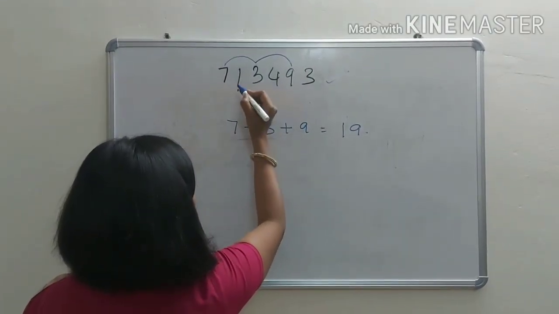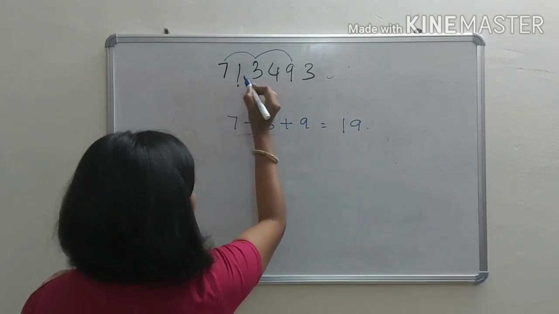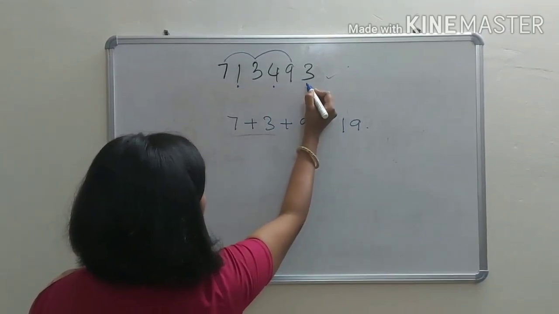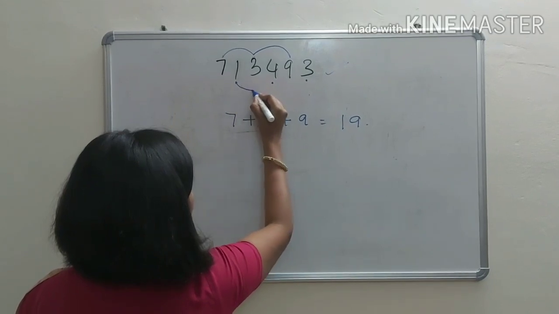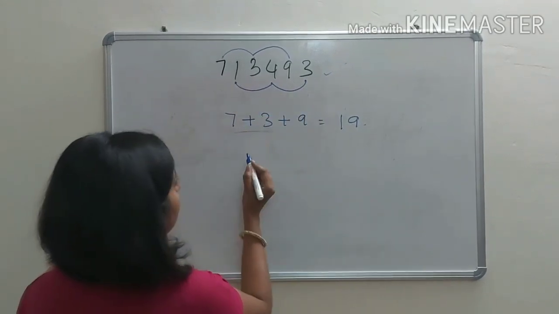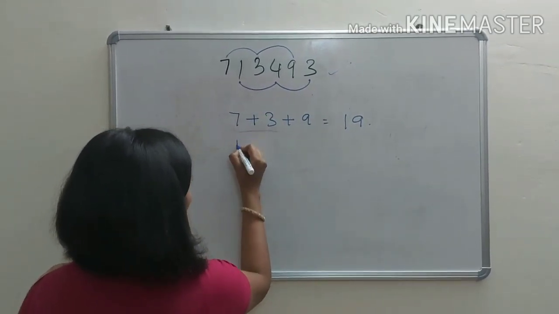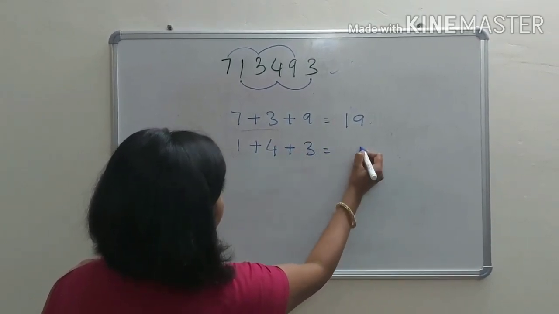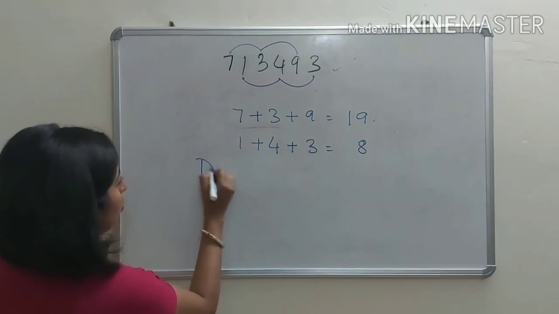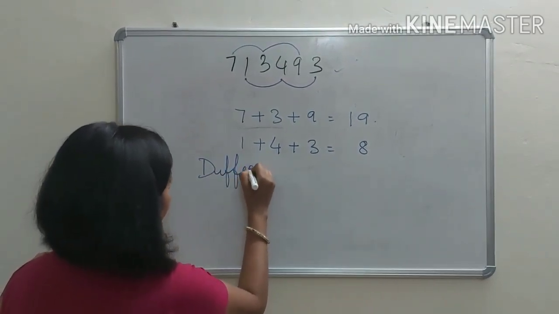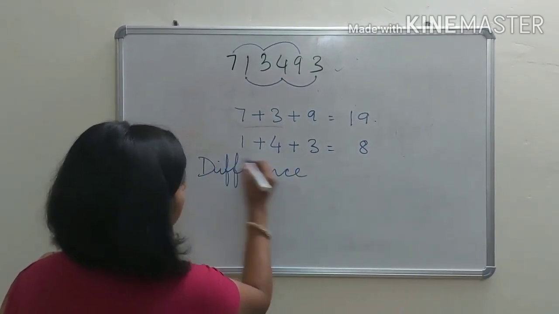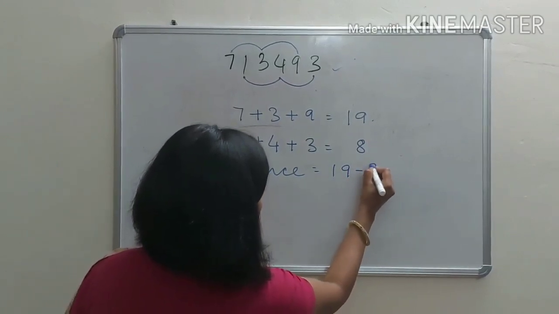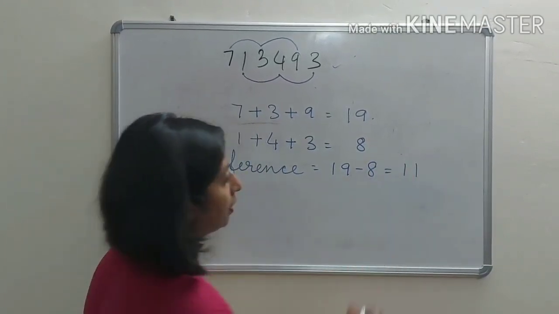Now coming to the digits at even places. After first we have to take second, fourth and sixth. And we have to find out the sum of these digits. 1 plus 4 plus 3. It is 8. And now we have to find out the difference. 19 minus 8, it is 11.